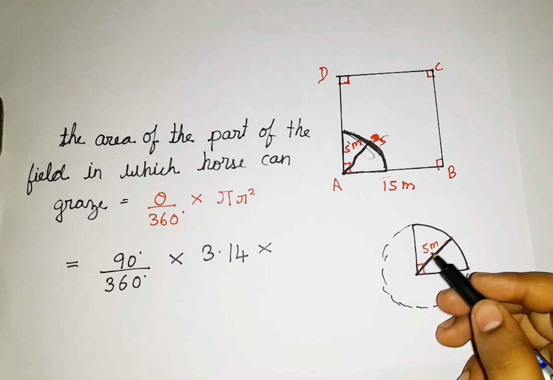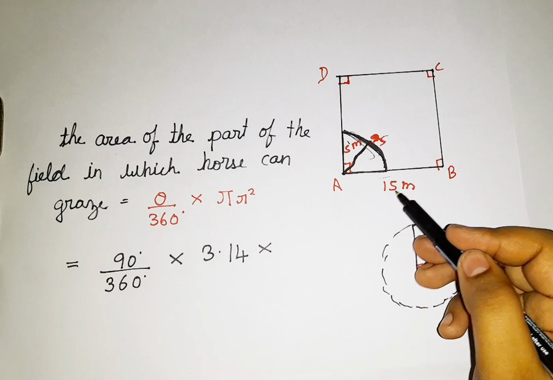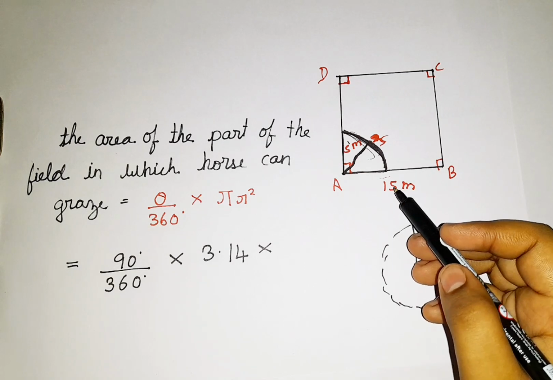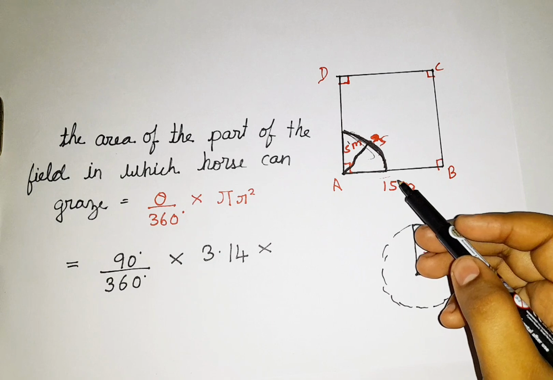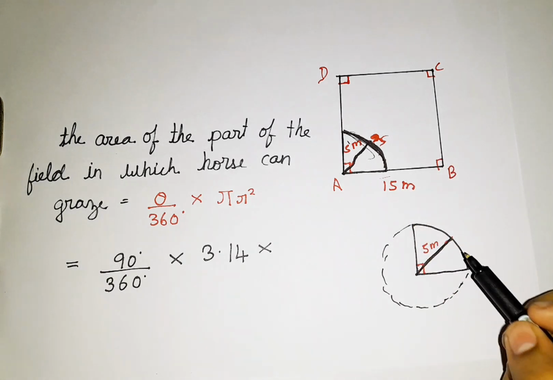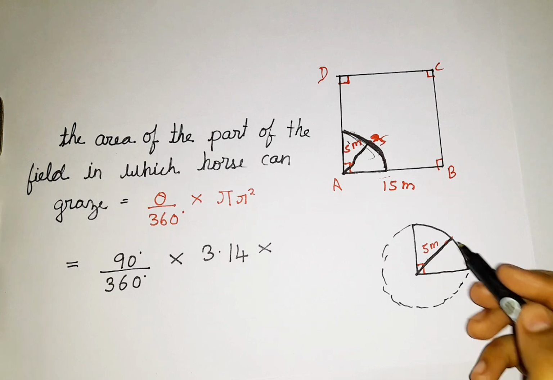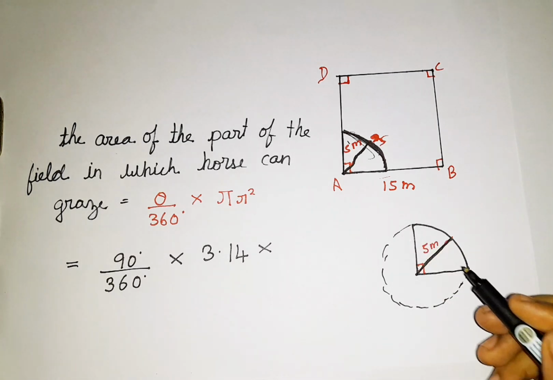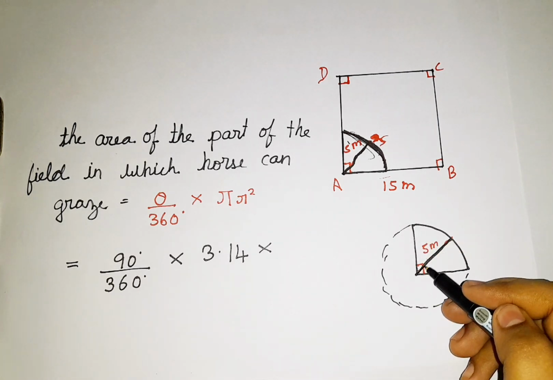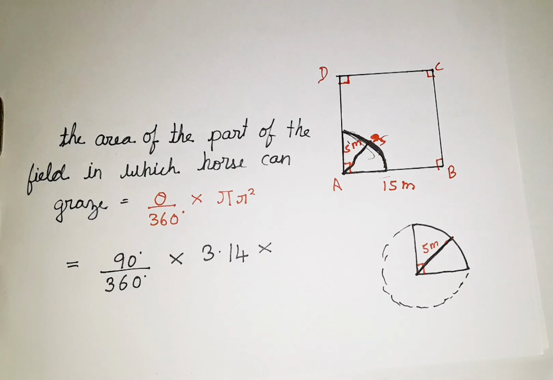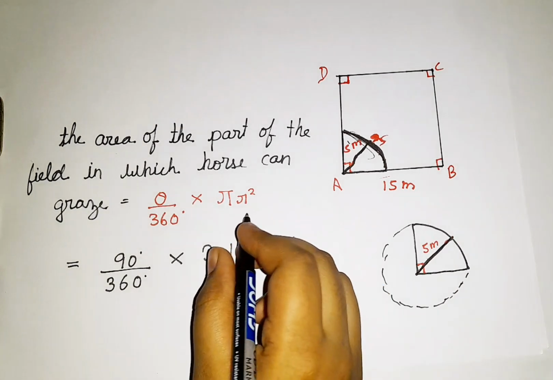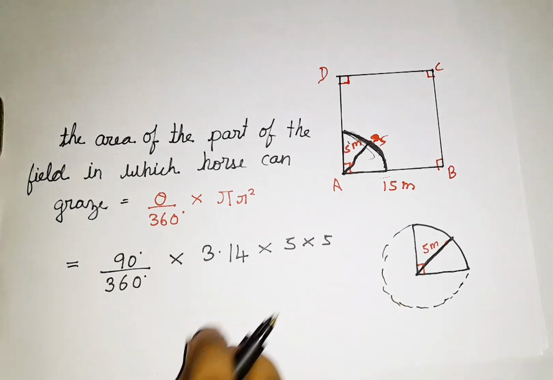Most of you might be wondering about 15 meter. No guys, I got confused too. We are supposed to look at the sector, that's why we applied the sector formula. When I draw the complete circle, you can find that it is a radius. So the radius is 5. Since we have r square, it is 5 into 5.